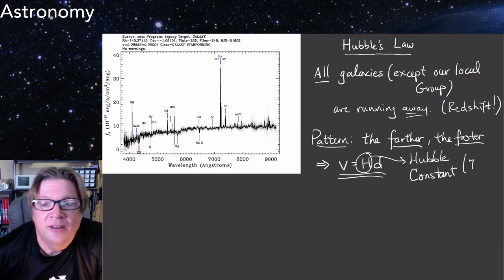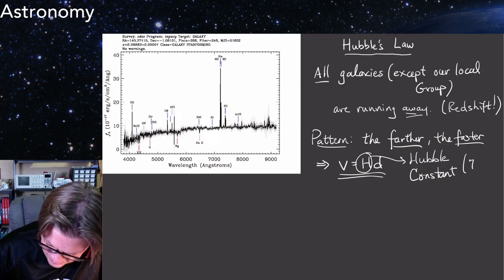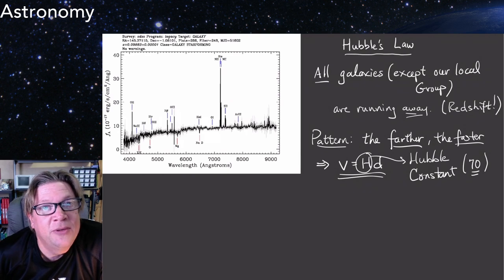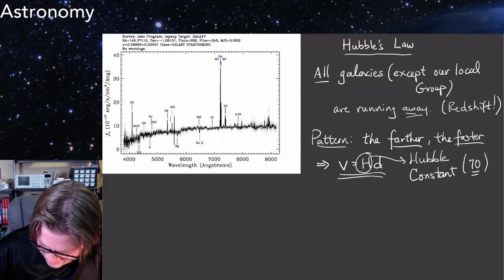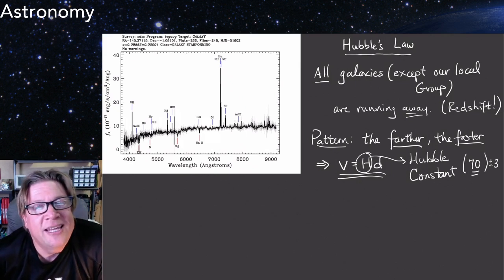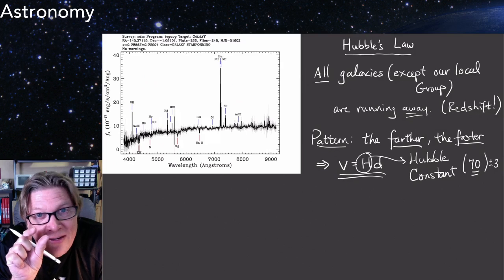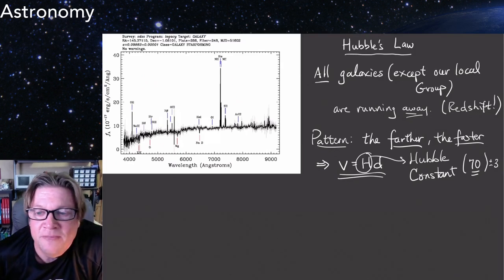Nowadays, we've been able to narrow it down. For this class, we're going to use the value 70, and we know it to about plus or minus 3, so it could be as high as 73, as low as 67. But that's the whole process of science: you start narrowing that down through lots and lots of work.